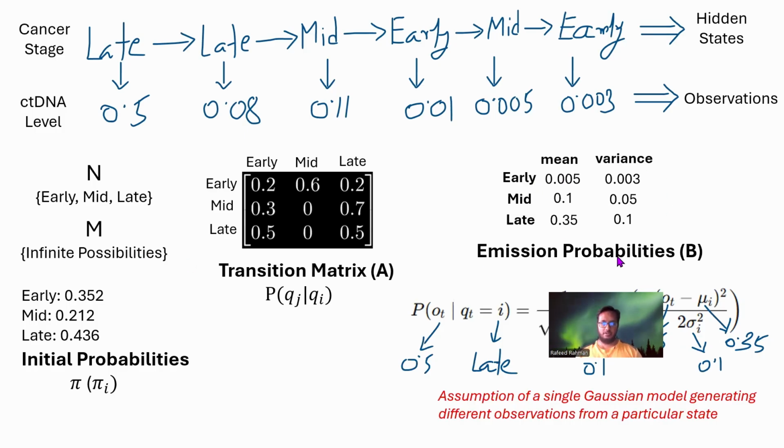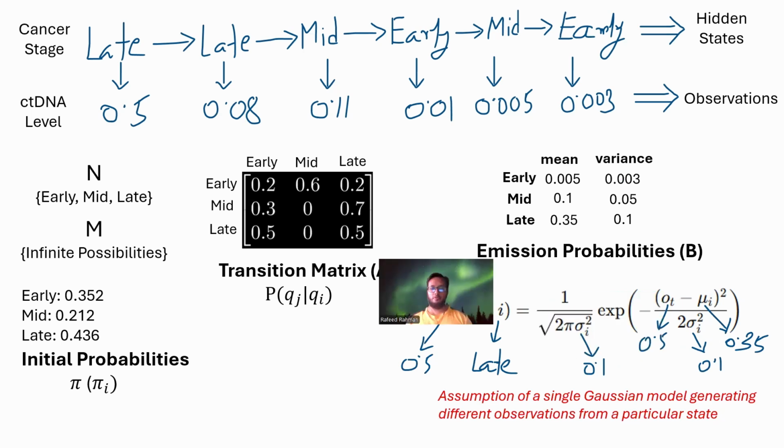So instead, in Gaussian HMM, what we do is we actually use mean and variance instead. Let me explain. So suppose we have a normal distribution with some mean and some variance. If I give you some value and tell you to calculate the probability of getting this value from this normal distribution, you will be able to calculate that. That is the main notion or main hypothesis behind the idea.